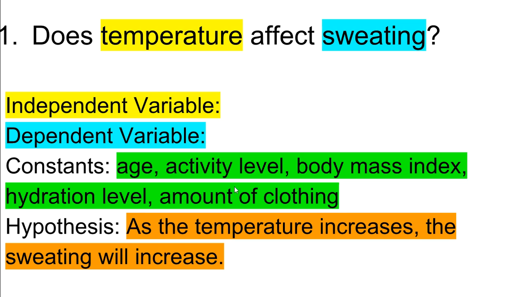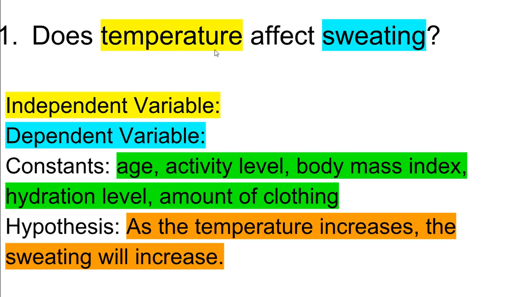Constants, and some of you guys are getting to the point where you're trying to look for all of this in the question. The constants or the controlled variables are things that you need to use your imagination and start thinking about the actual, how this experiment would look in order to come up with constants. And when I talk about constants, I'm thinking of everything that could possibly affect our data that we would want to be the same.